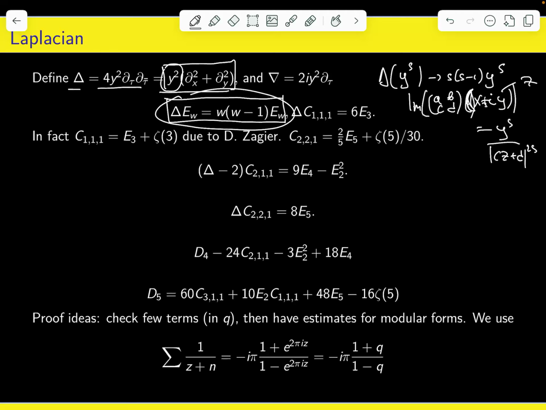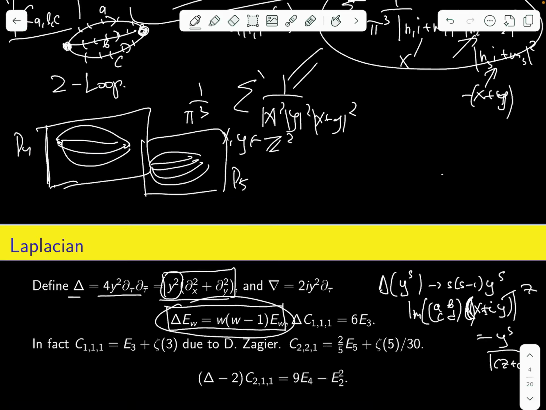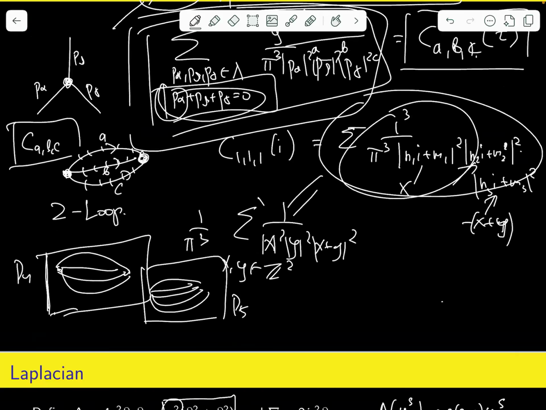And so the same is true about all these functions. Since you have expressions like that in the denominator, like y divided by |nz plus m| to the s, you know how to compute the Laplacian. It's just the same as computing the Laplacian for y power s, where z is x plus iy.